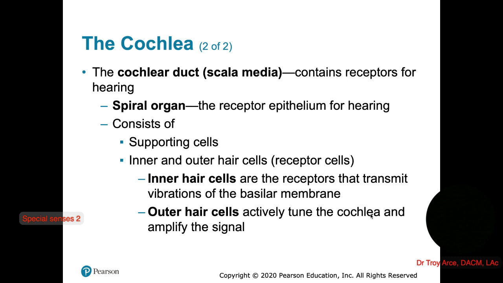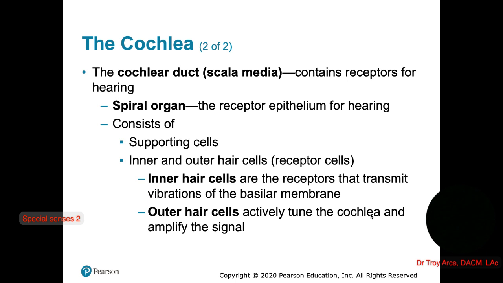And it consists of those supporting cells that I showed you a couple of slides ago, the inner and outer hair cells. Those are receptor cells, and the inner hair cells are the receptors that transmit vibrations of the basilar membrane, and the outer hair cells actively tune the cochlea and amplify the signals.